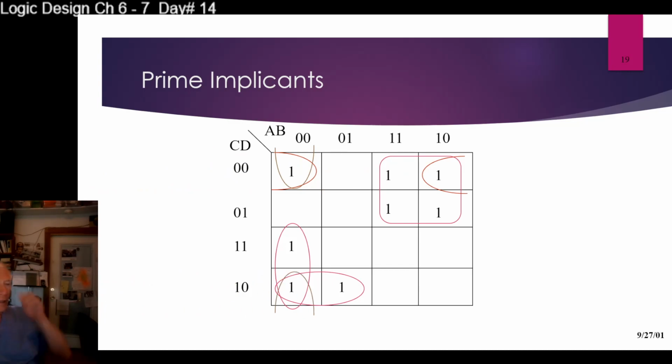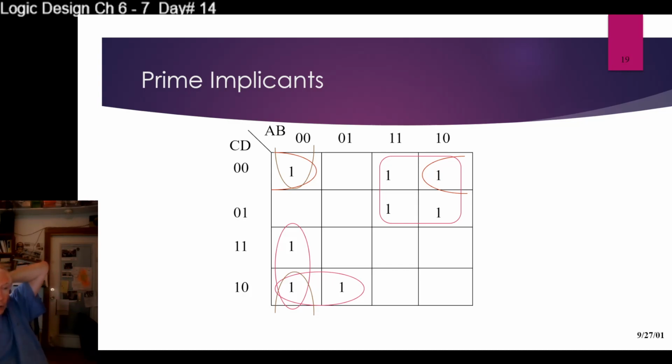So if you didn't see all of those, what you get here then is we have one group of 4, and we have 1, 2, 3, 4 groups of 2. So you have all totaled 5 prime implicants on this map. Those are all prime, but some of them are non-essential.